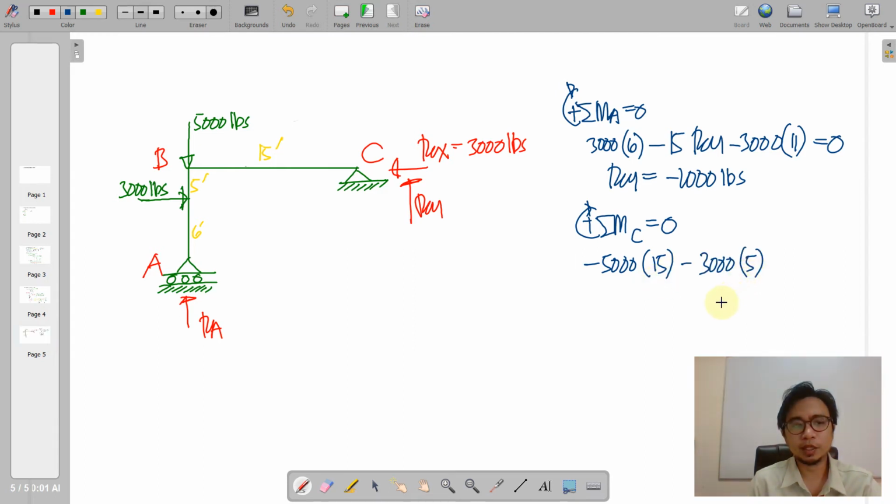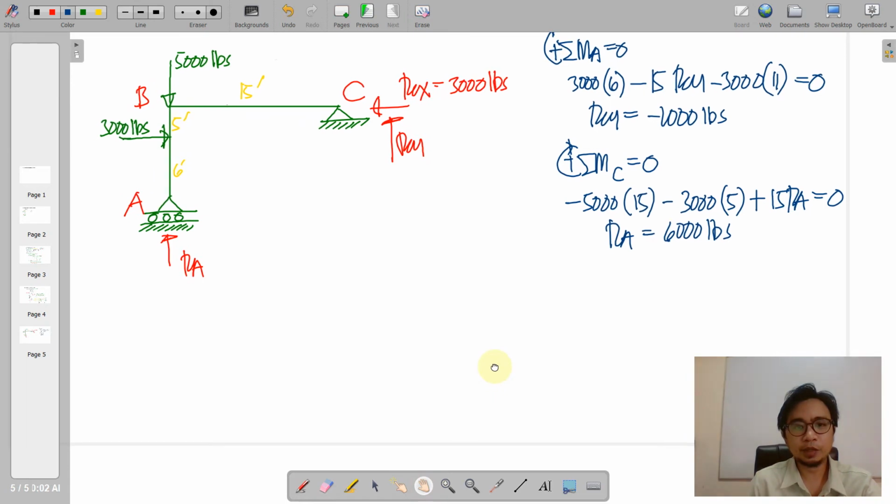Another counterclockwise 3000 times moment arm of 5 plus the RA, which has clockwise rotation, times 15, and that will be equal to 0. So finally, we have a positive 6,000 pounds for our RA.